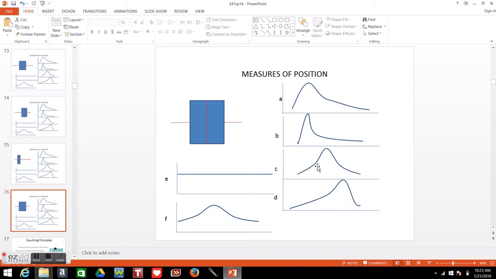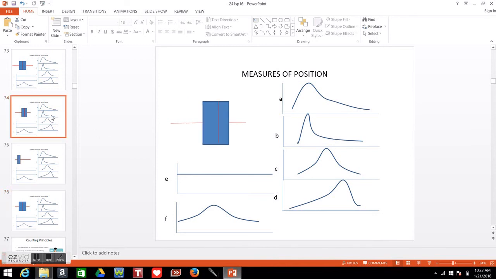Basically, you have the same density on the left and the right of the median. D is left skewed, and E is uniform. Okay, so be able to do that.